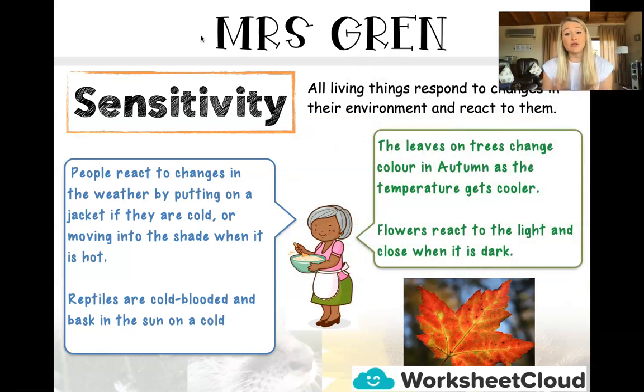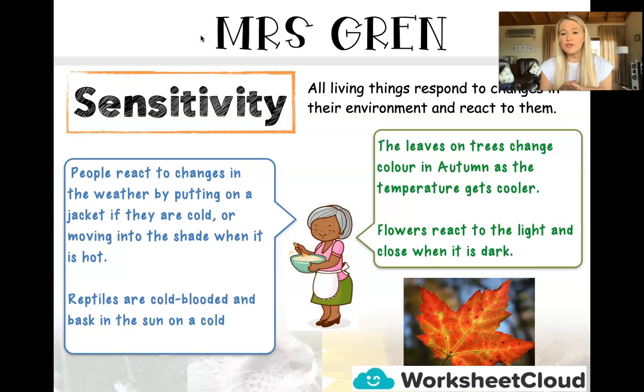Now, if we have a look at plants, how do plants react to their outside environment? How are plants sensitive? Well, funnily enough, when we change seasons from summer into autumn, just before winter, what happens to the leaves on the trees? As the temperature starts to drop, the leaves start to change color.